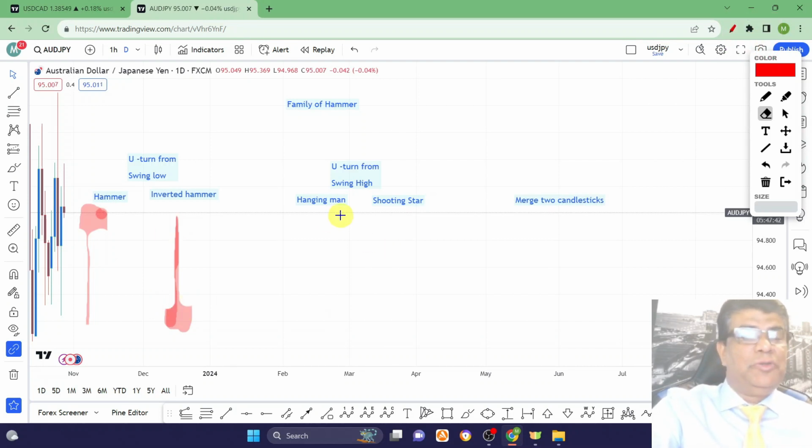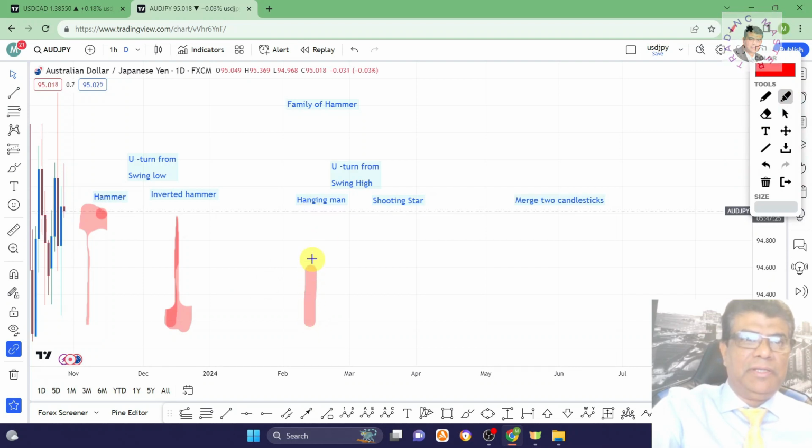In the hanging man, just like the hammer, you can copy this, but this shows up at the top of the chart. Okay, so the hanging man starts from here, is going up, up, up.